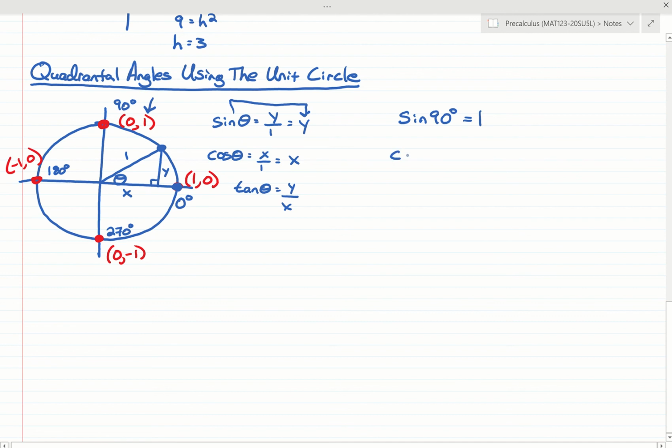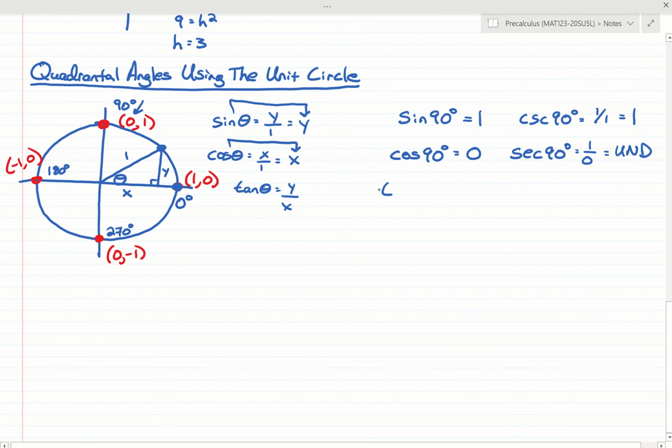If I asked you to find the cosine at 90 degrees, cosine is the x value of the point at 90 degrees, which is 0. If I asked you to find the cosecant of 90 degrees, it would be the reciprocal of what the sine was. So it's 1 over 1, or just 1. The secant of 90 degrees would be the reciprocal of cosine. So 1 over 0, which would be undefined.